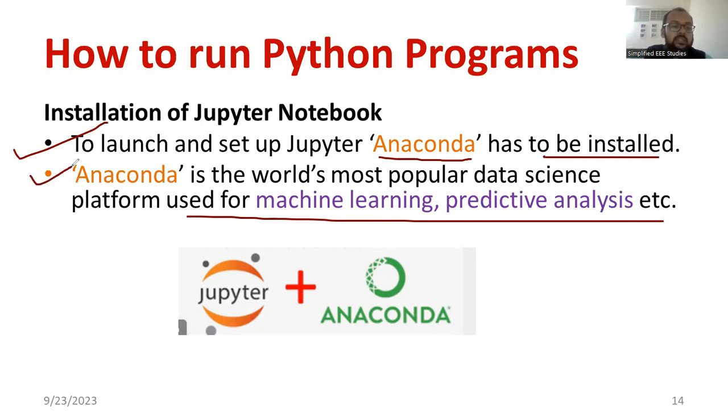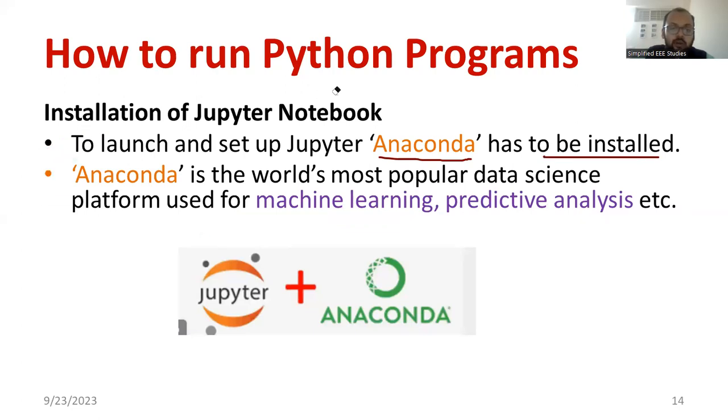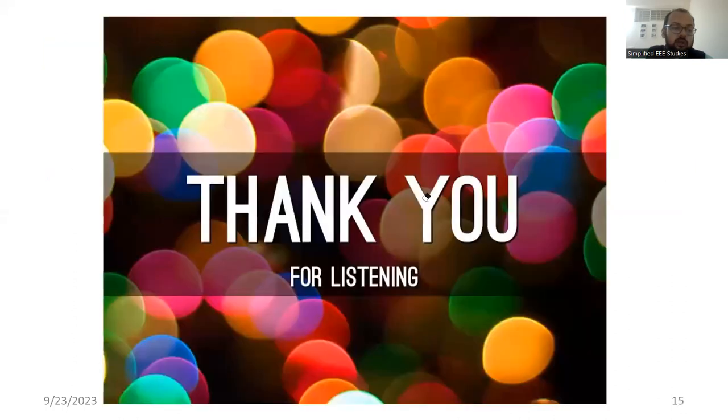It also supports machine learning and all types of new cutting edge technologies. This is the symbol of Anaconda. The entire programming can be done by using this combination. In order to support Jupyter, we have to install Anaconda. This is how the symbol of Anaconda looks like.